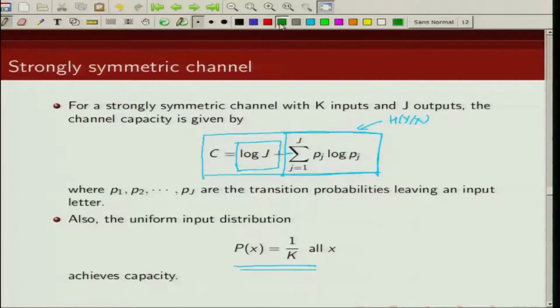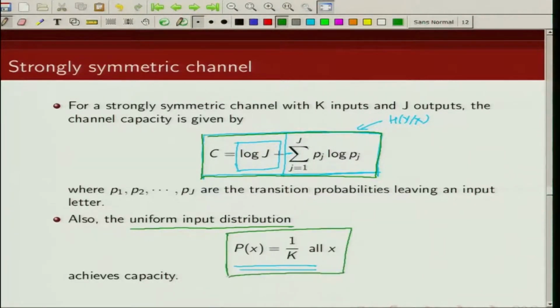So the distribution that achieves capacity for a strongly symmetric channel is the uniform input distribution. So if P of x is 1 by K for all x, then that will achieve capacity for a strongly symmetric channel.